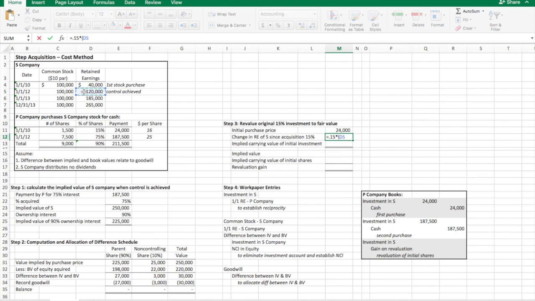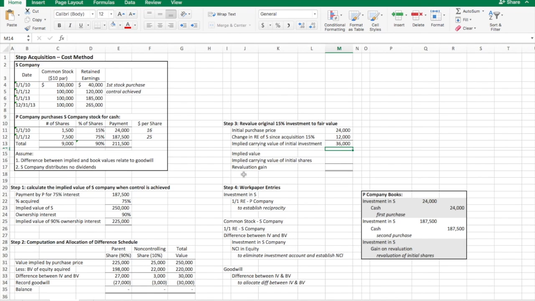And so the change in retained earnings was $120,000 minus $40,000, and 15% of that is $12,000. And from those two numbers, we can add them up to get the implied carrying value of the initial investment.